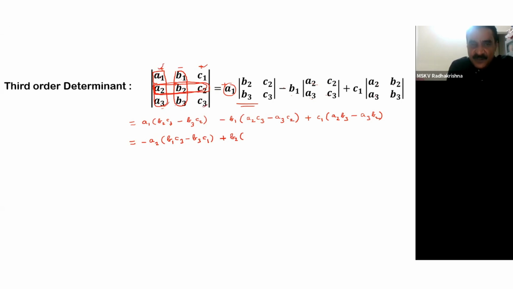So its determinant is A1 into C3 minus A3 into C1. And for third element, again, we have to take minus sign. Minus C2 into, removing the column containing C2 and row containing C2, remaining determinant is A1 B3 minus A3 B1.